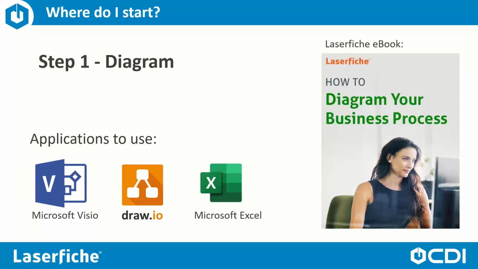It works a lot like Microsoft Visio, but it's free and it's just on the internet for you to use. It allows you to drag and drop the shapes and create your process flow. And for those of you who are just really comfortable in Excel, the Microsoft products, you can certainly diagram things out within those as well. But definitely take a look at Draw.io as it's a really great alternative.